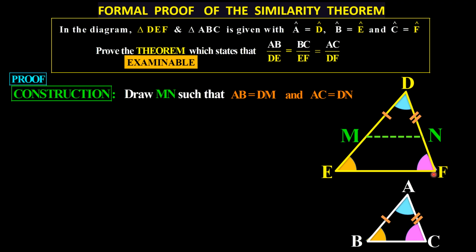Now, if we look at those two triangles, triangle ABC and DMN, very easy, they are congruent. The reason they're congruent is that I've got a side, an angle and a side. Side, angle, side. So I notice those triangles are congruent. Now, if triangles are congruent, there should be more parts of the triangle that will match.